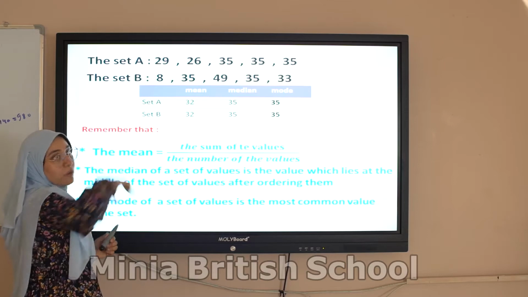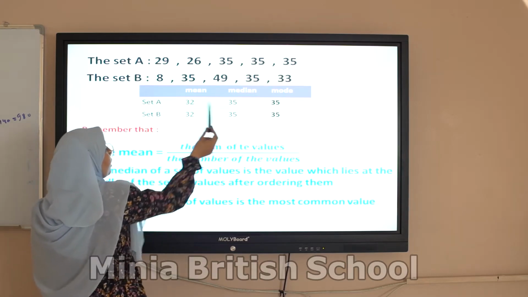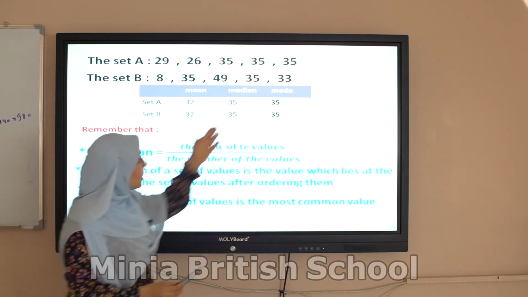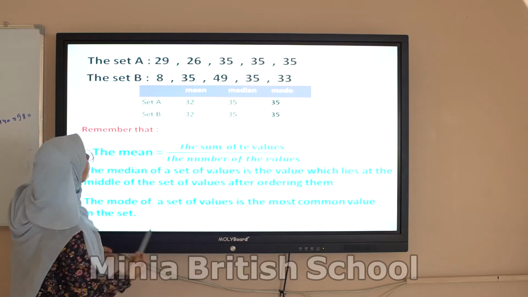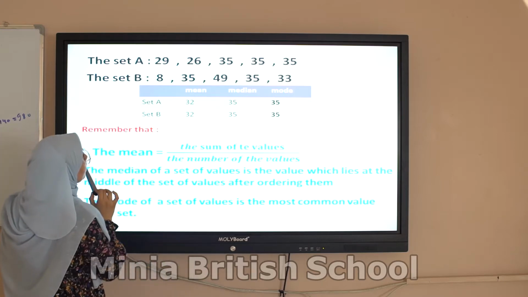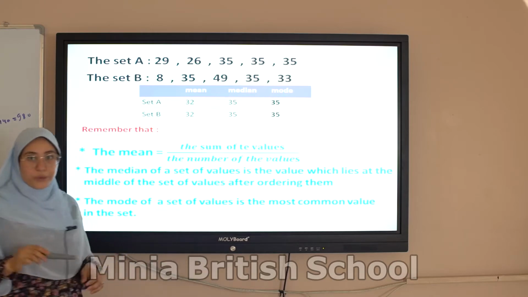So the middle value is 35. Also here in set P, the middle value also is 35. Now, the mode, I said what? The mode, the most common value. So the most common value in set A is 35. And here, the most common value in set P also is 35.